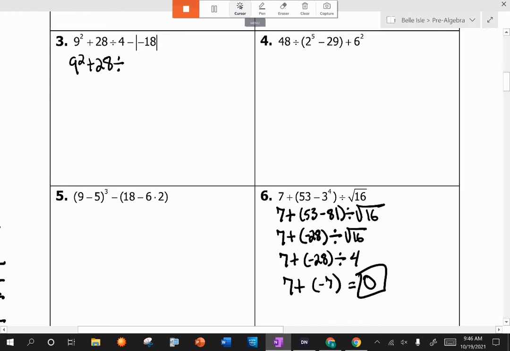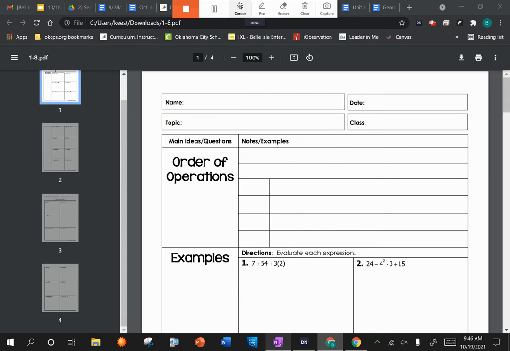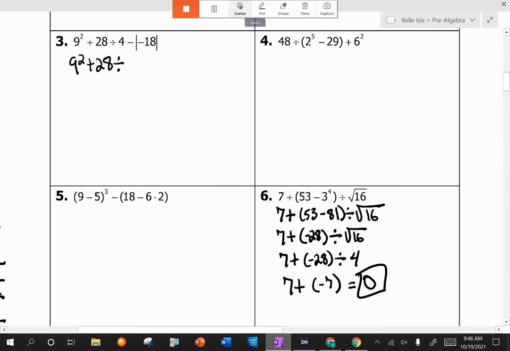Can you bring me one? Oh, we can use any cards.